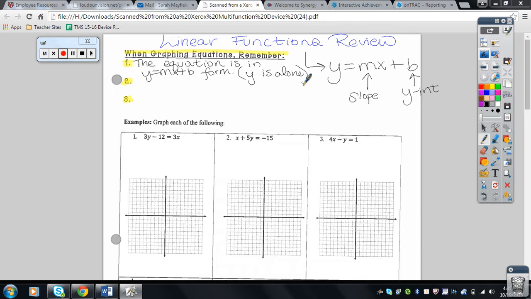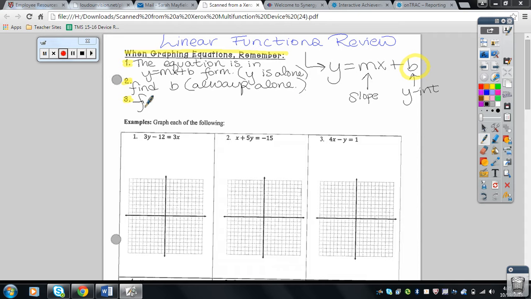Second thing, I'm then going to find b. B is always your constant. It's always that number that's by itself, okay? B stands for my y-intercept. What does y-intercept mean? Where my line touches the y-axis on a coordinate plane.